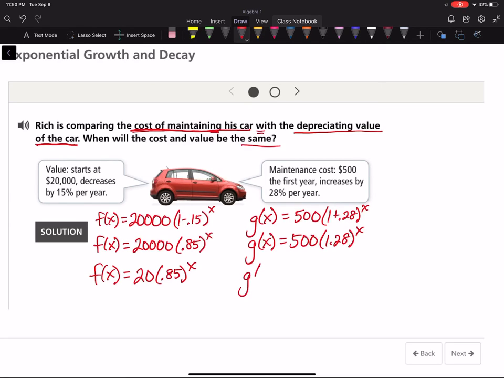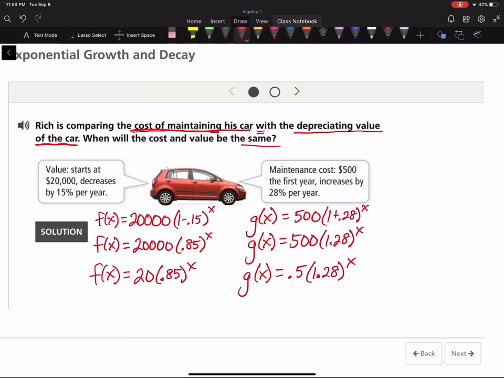How many thousands is 500? 500 is 0.5 thousands. I know that might be a little confusing, but we're just doing that so it will fit on our calculator screen, because 20,000 and 500 are not going to fit.